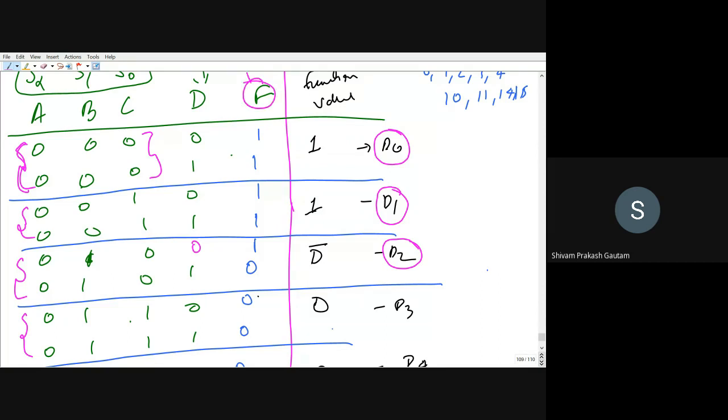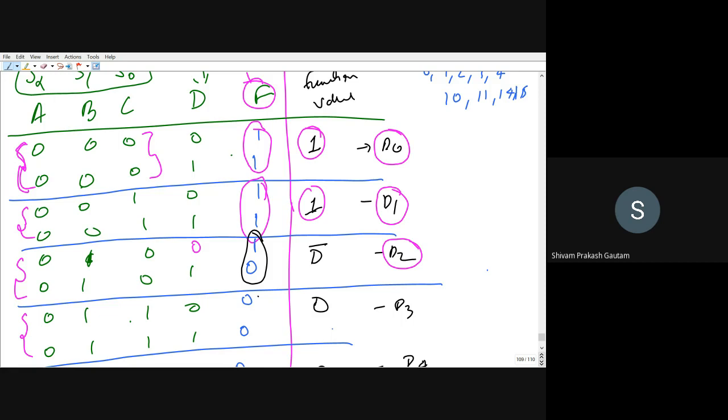Now after the division, you have to observe each subsection. Here you can see the function value is irrespective of the value of variable D. So when ABC is 0 0 0, our function has value 1. Again here, the second case also has value 1. The problem comes in the third case.